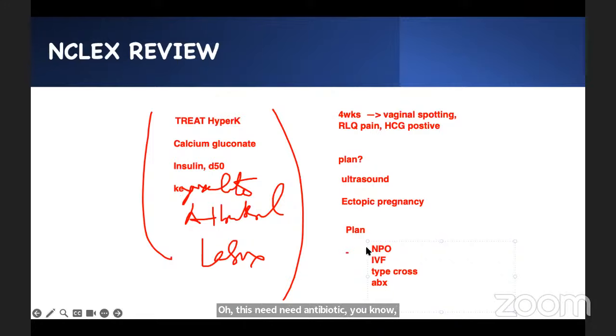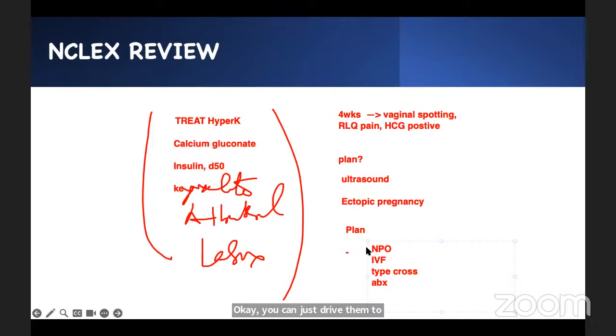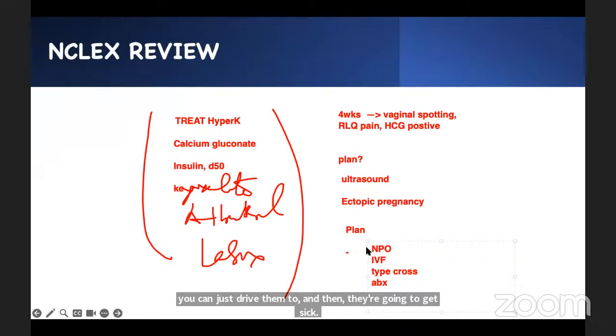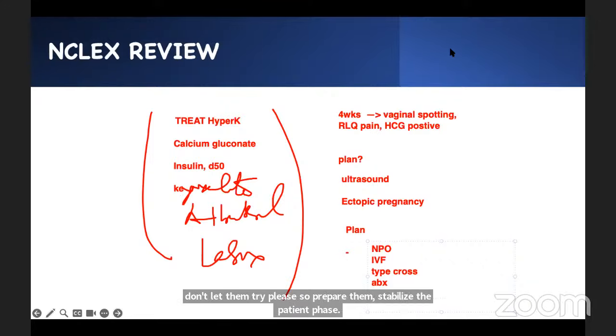You can't just drive them to surgery and then they get sick. Prepare them. All this is indicated before you take this patient to surgery, as much as possible. Don't let them trap you. So prepare them, stabilize the patient first, cross-match them, and then you take them to surgery.